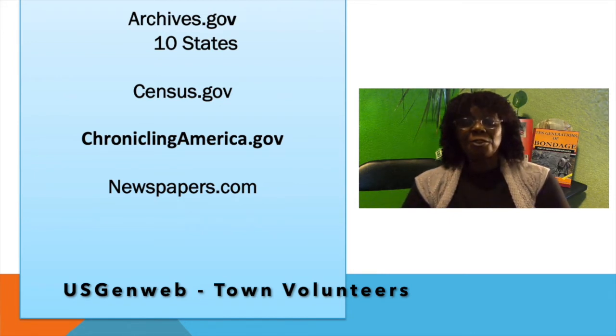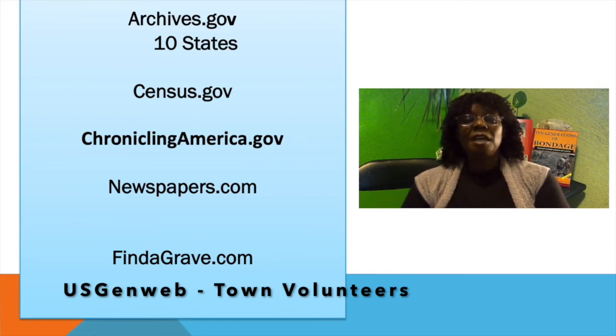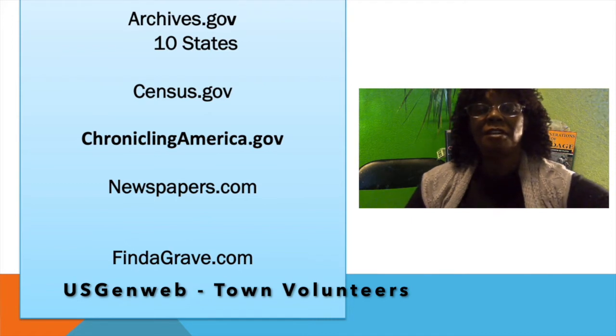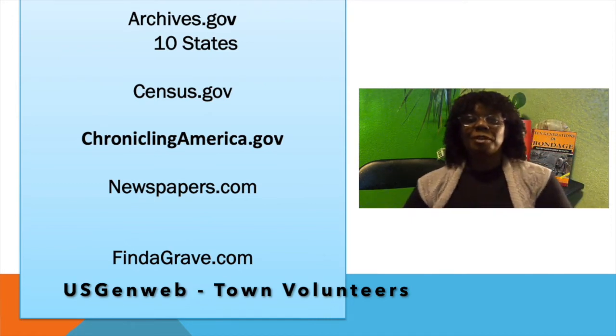You can go to findagrave.com and type in the name of a cemetery, and volunteers have actually gone in and made a list of everyone who is in the cemetery in a lot of cases, and sometimes you can actually find pictures of the grave. I found a picture of my grandfather that I never knew existed until I went to his grave, and then later I found that a photograph was actually posted on findagrave.com, so that was a great resource for me.